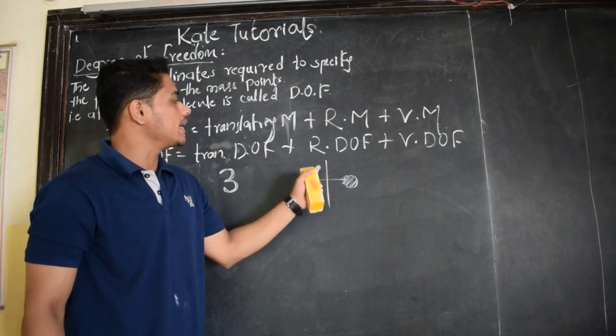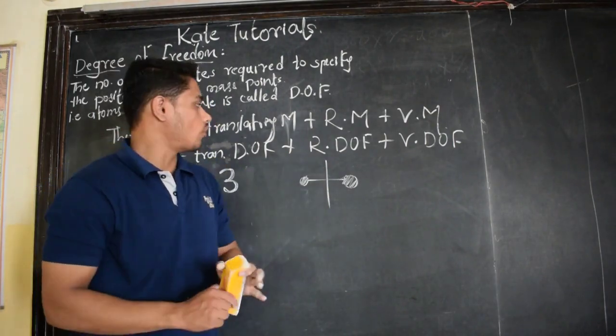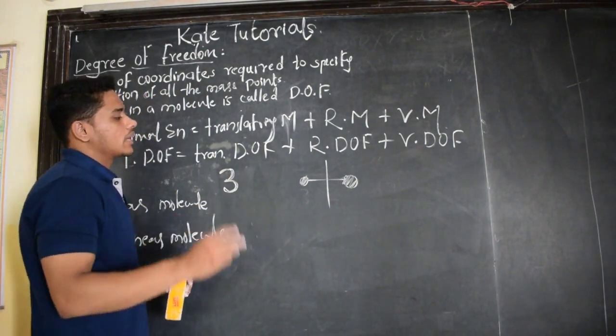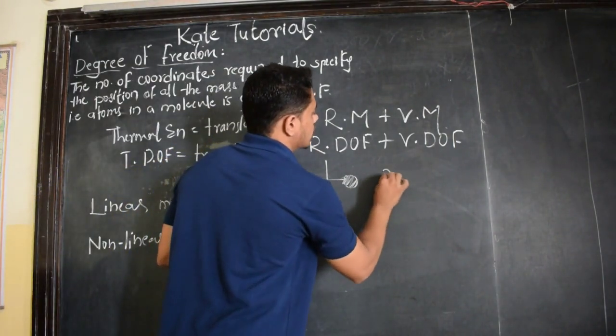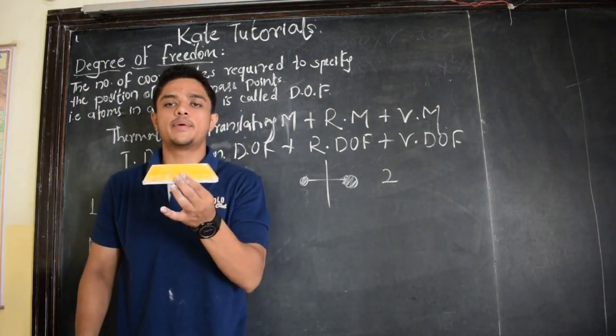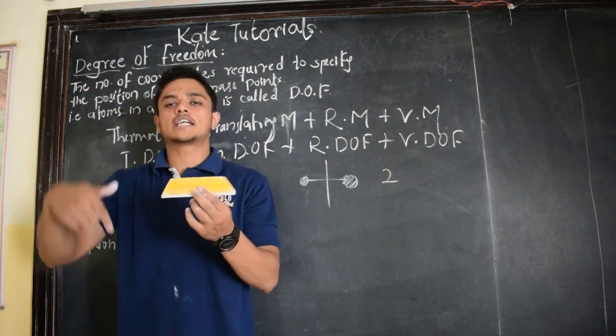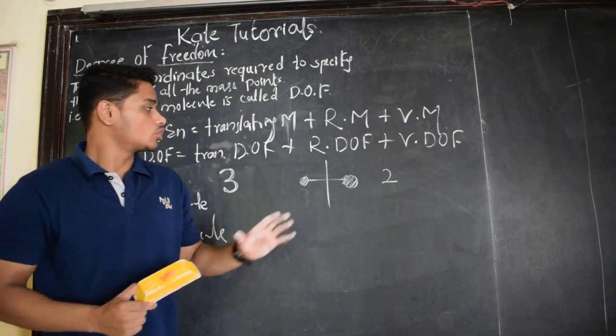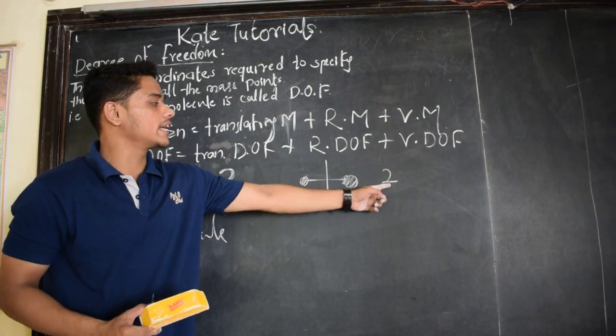And how many degrees of freedom are required for this rotational motion? For a linear molecule, we require only 2 degrees of freedom. Why 2? Because the linear molecule will be in 2 planes, either the XY plane or YZ plane or ZX plane. So it has only 2 degrees of freedom.